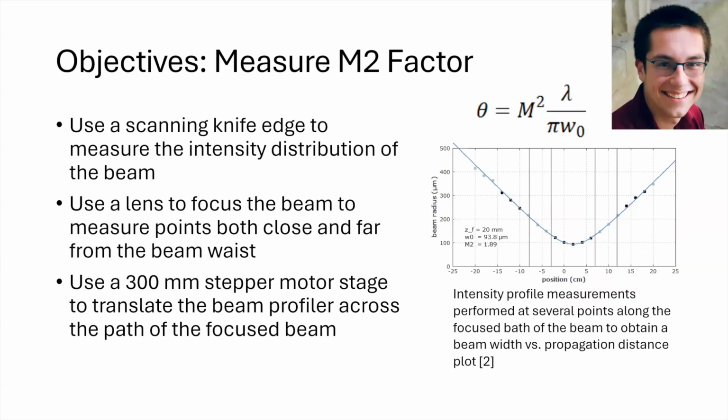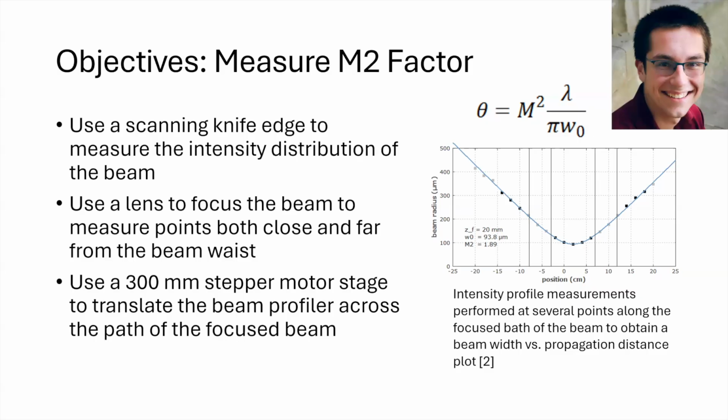For measuring the M squared factor of the laser, it is necessary to get a beam profile of the intensity distribution of the beam. And we're going to have to do this at several points along the beam. Now, it's necessary to find the waist, the smallest point, as well as the divergence, or how fast it gets big as it gets far away from the Rayleigh range.